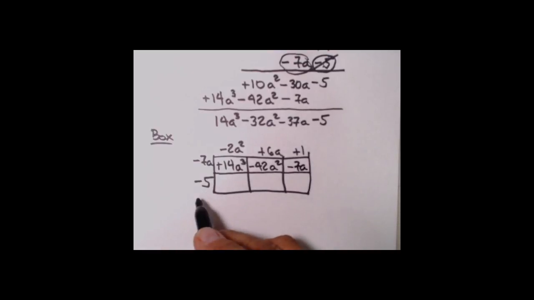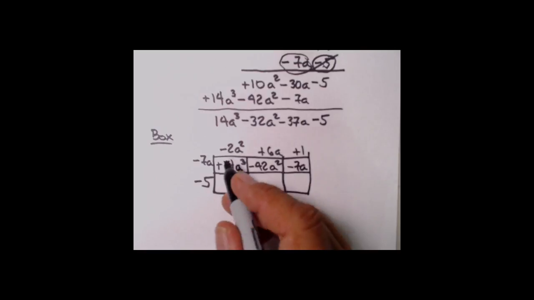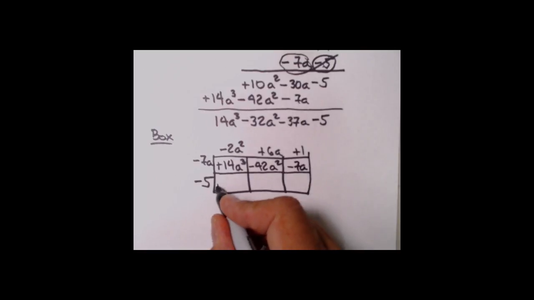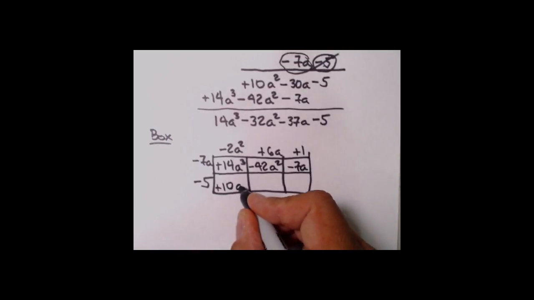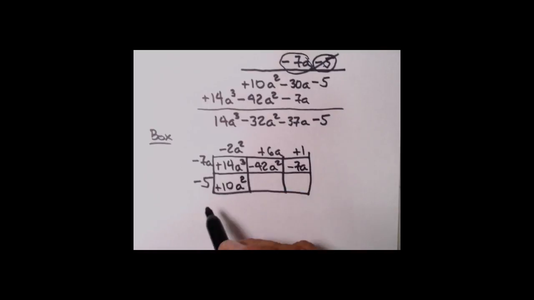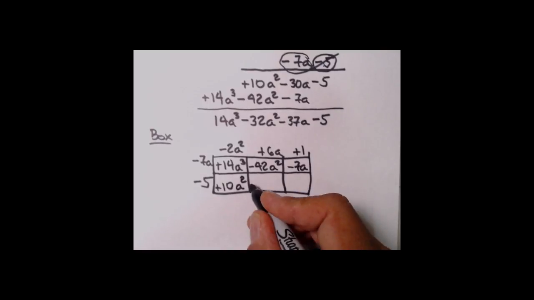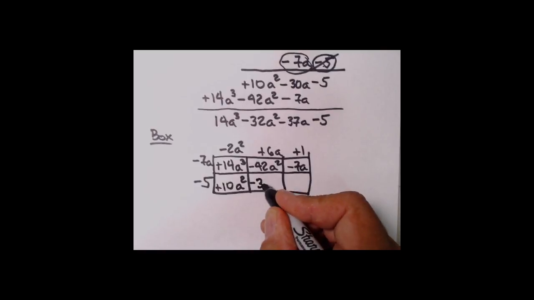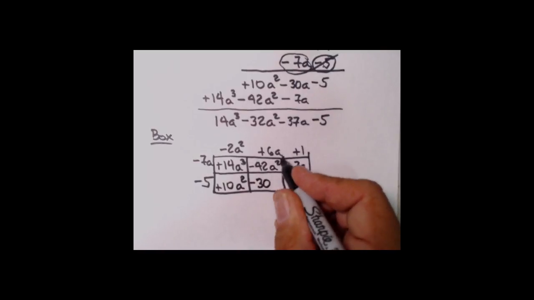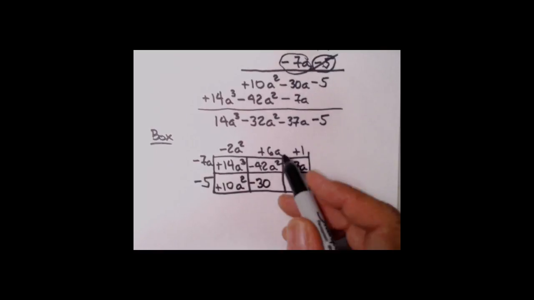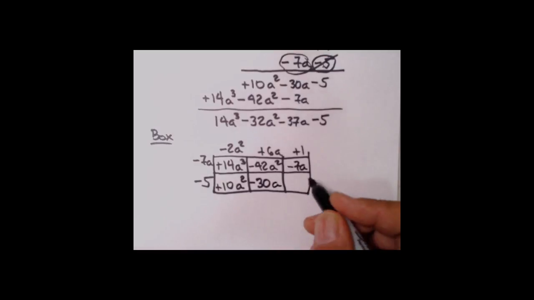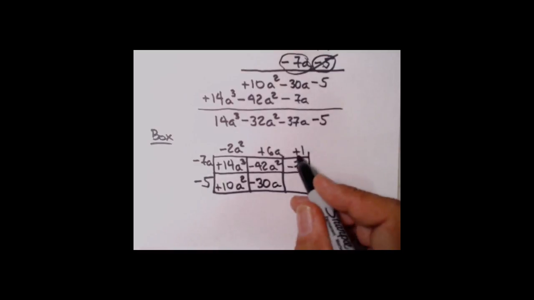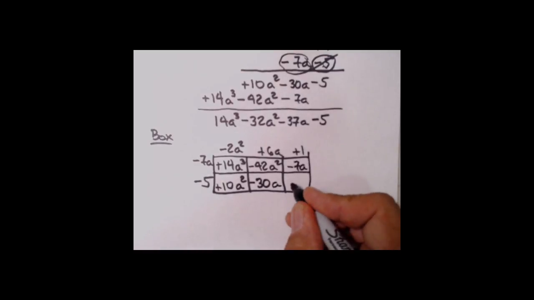We multiply everybody on top by negative 5. Negative 5 times negative 2 is positive 10a squared. Negative 5 times positive 6, okay, is going to be negative 30. And let's see, what do we have here? Just a single a. And then negative 5 times plus 1, well, that's just negative 5.